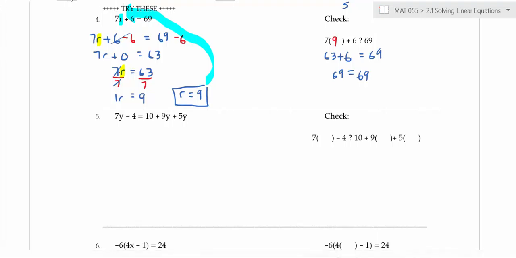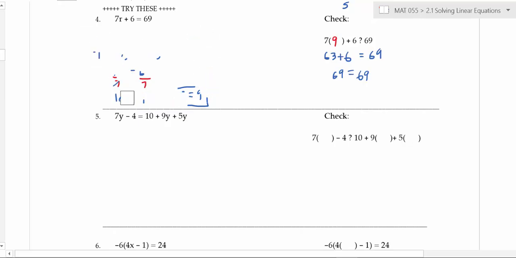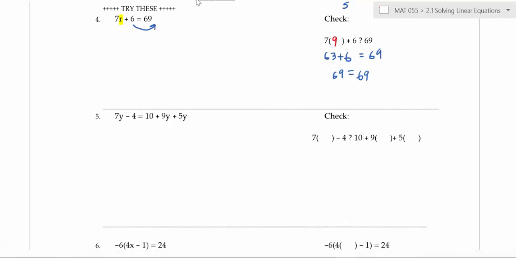I am going to erase this and show you that you can move things too. So if you want to start learning how to do it this way, you're more than welcome to do that. We want the r to be by itself. So that means we need to move the 6. When we do that, we just have 7r equals 69 minus 6, because you're subtracting from both sides to get rid of the 6.